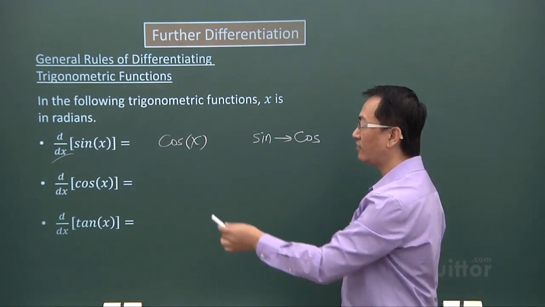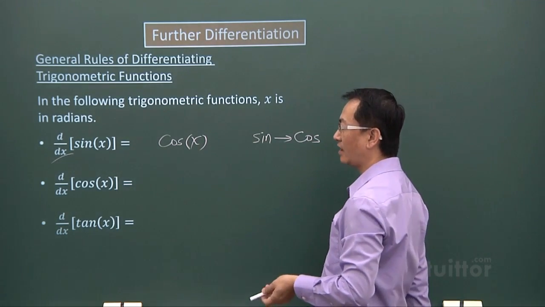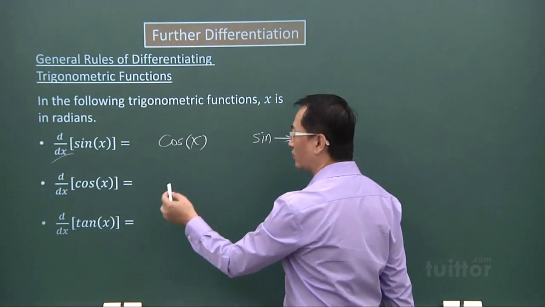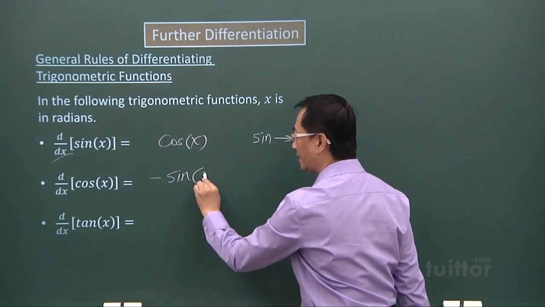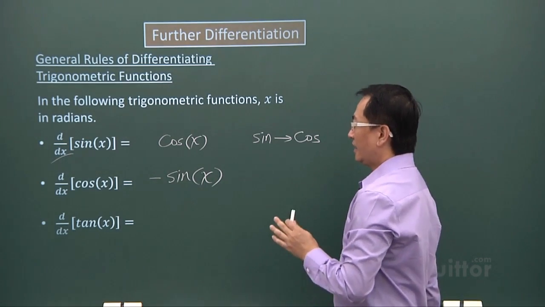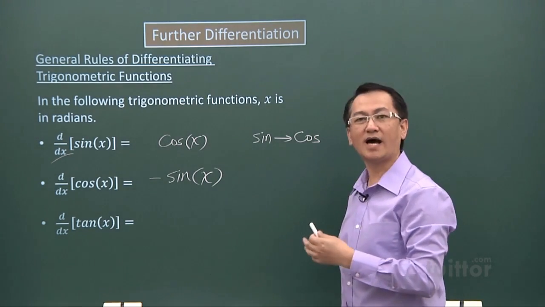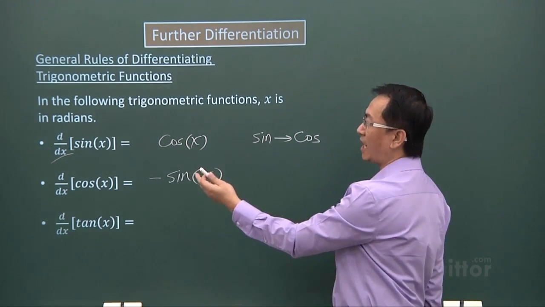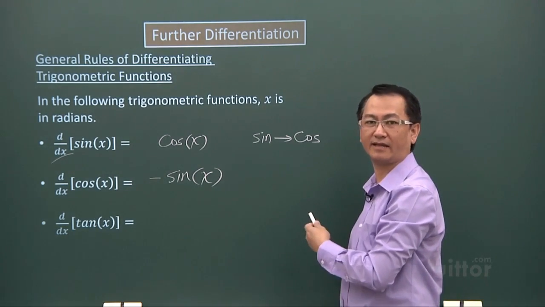Next, we have differentiation of cos x. That will give you negative sine x. Now, sometimes when we learn, we seem to ask a lot of questions. If sine gives me cos, then cos should give me sine.